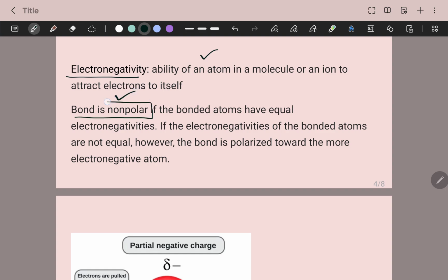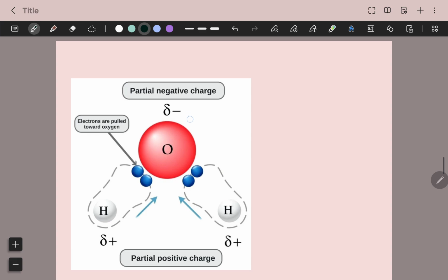A bond is non-polar if the bonded atoms have equal electronegativity. So both will attract with equal love. If the electronegativities of the bonded atoms are different, the bond is polarized toward the more electronegative atom. So we get a partial negative charge, denoted by delta negative, on the more electronegative atom.